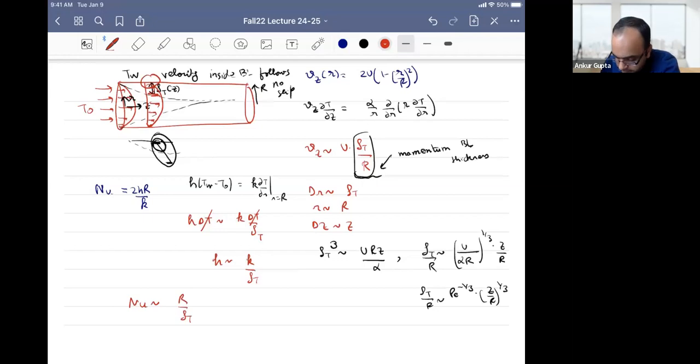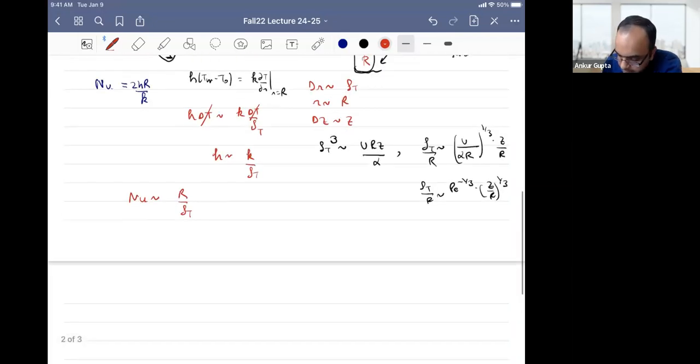And that means in the developing region, we get Nusselt's number from here.